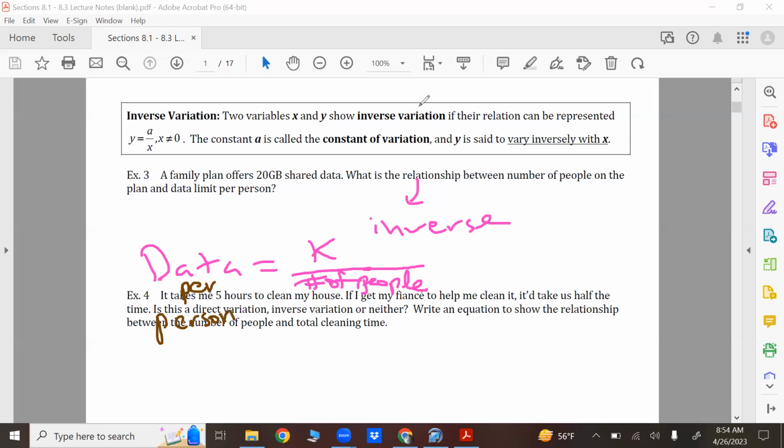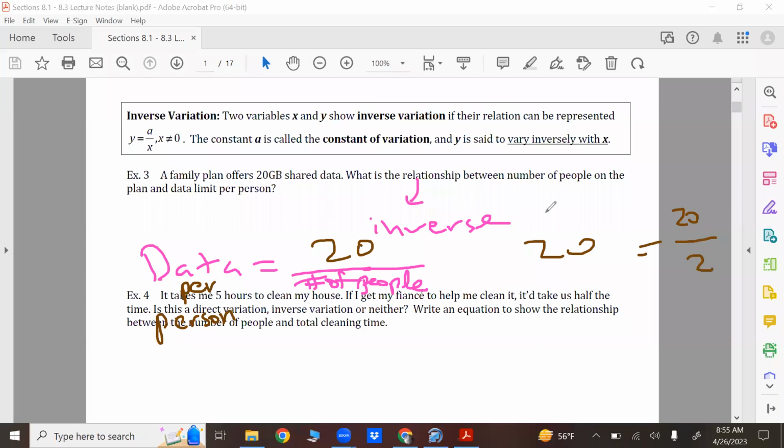So for example, how much data do you have total? So that's your constant, 20. So for example, let's say I didn't have a family plan for my cell phone, right? So I'm one person, right? So how much data do I get to use? 20, right? But then let's say my wife joins my plan.